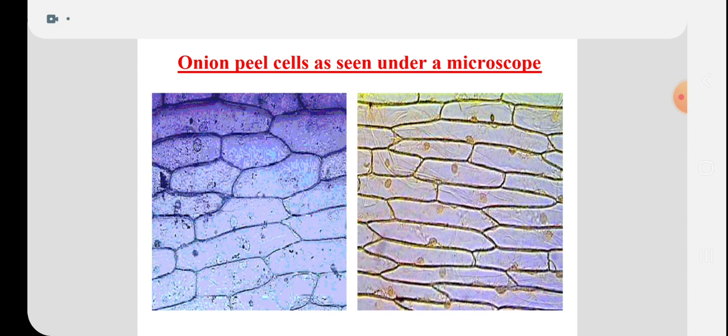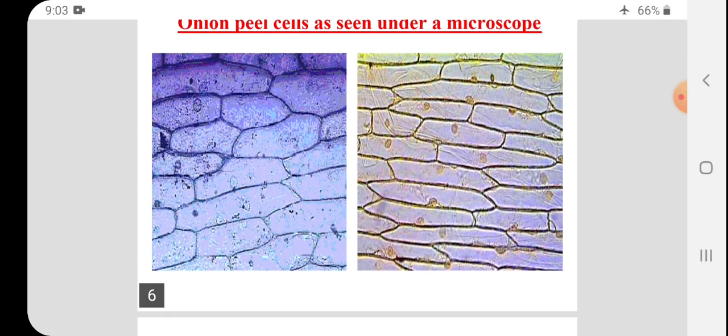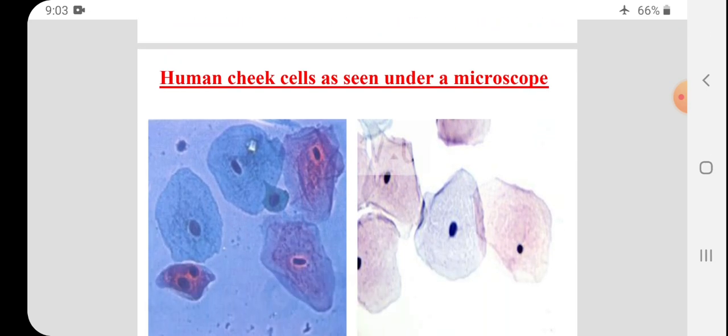So this is the onion cell. How does it look? It looks like a brick wall, and you can see the cheek cell as well. They are spherical and you can find a dense rounded structure in the center which we call the nucleus, the brain and controlling body of the cell.